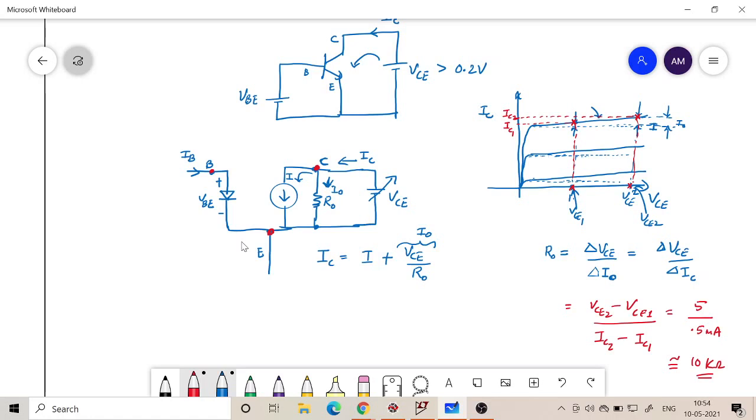So here I am replacing the input side with a diode. The reason is because we earlier wrote the expression for IB.